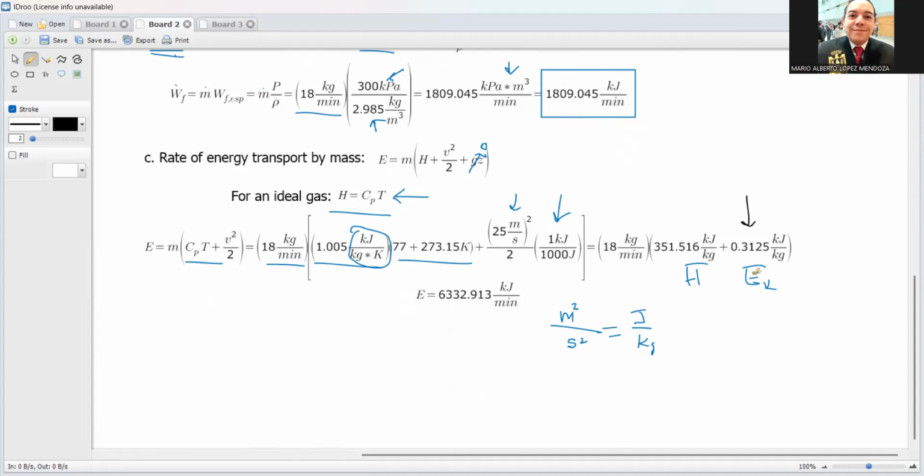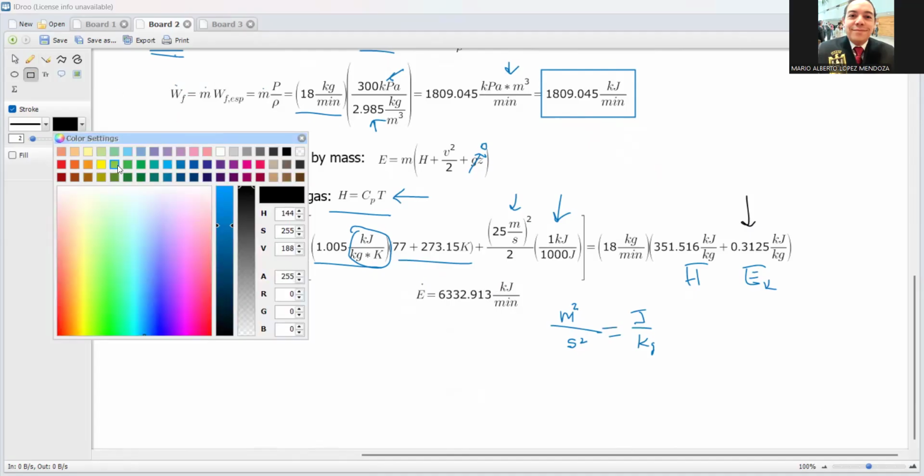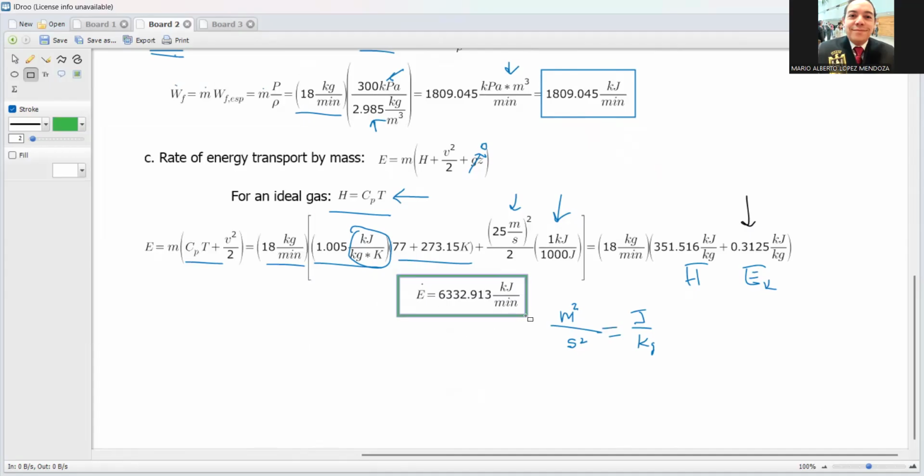Finally, if we do the operation and calculate the value, we get that the energy flow rate is 6,333 kilojoules per minute.